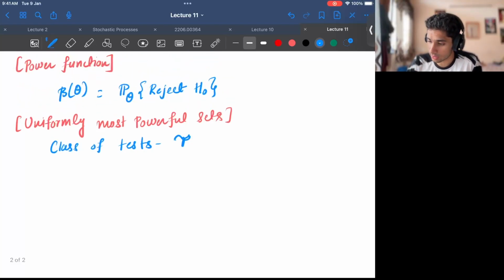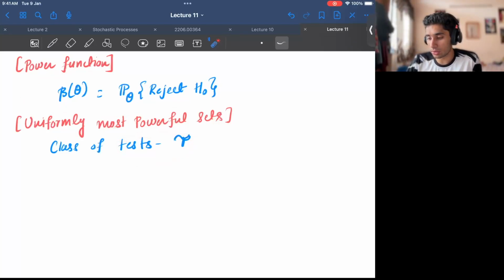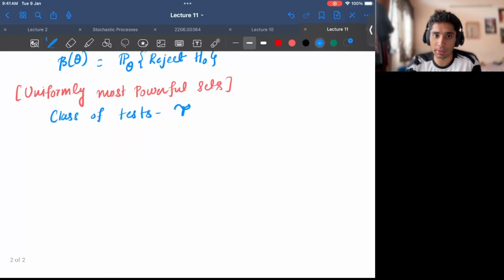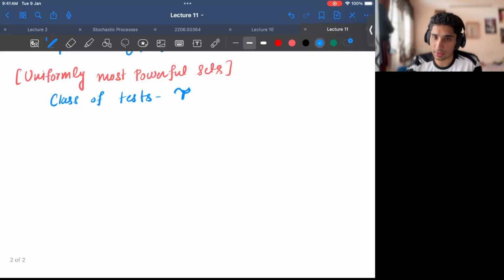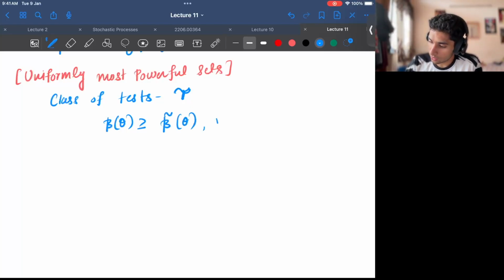So this is how you define the power of a hypothesis, and there is a class of tests. You say that a particular test is the most powerful if the power of that test is greater than the power of all the tests in this class T. Formally speaking, if beta of theta, the power of a particular hypothesis test, is greater than or equal to beta tilde of theta, for all theta.